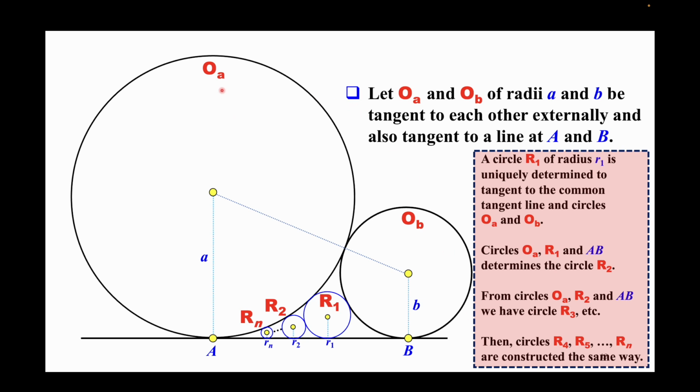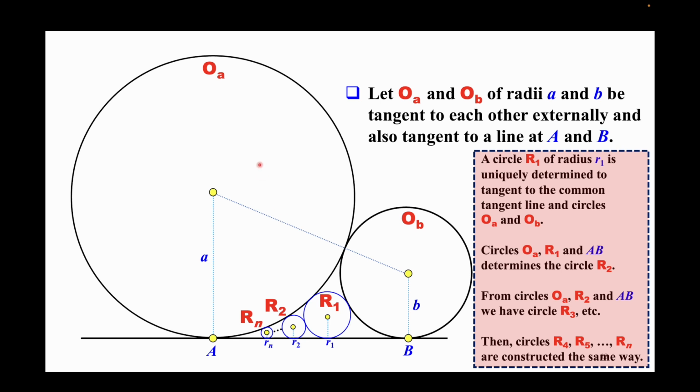Now, given a circle, let's say OA with radius A, a second circle, OB, with radius B. And also, we have a common tangent line, so that OA is tangent to this line at A, and OB is tangent to this line at B. As we mentioned in problem 1, circles OA and OB uniquely determine a circle of radius R1.